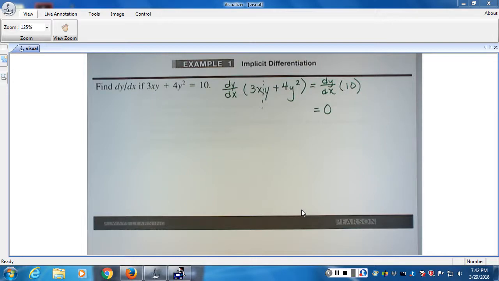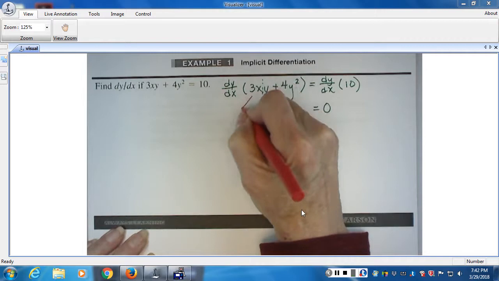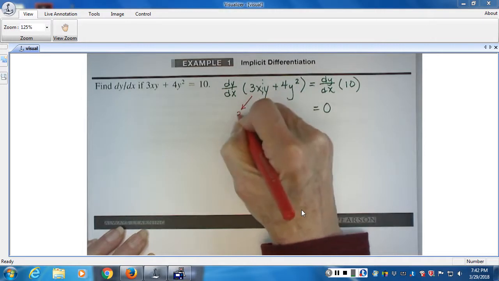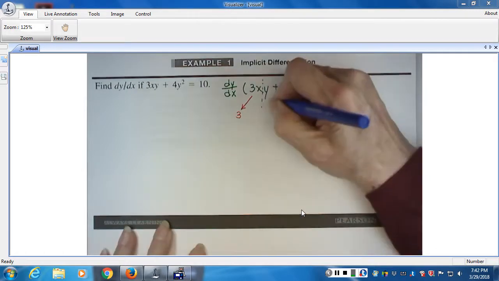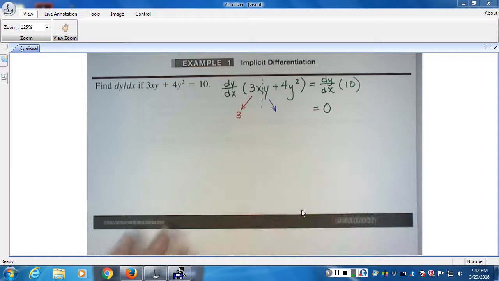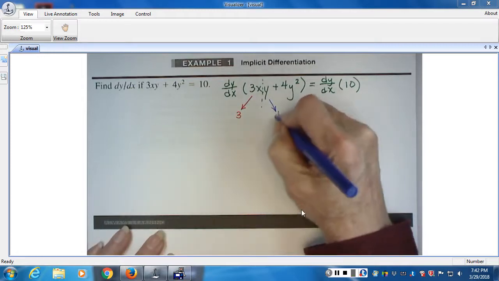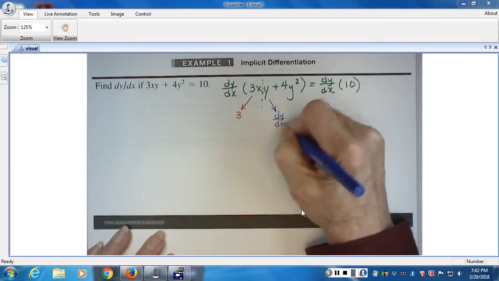So in order to take that first derivative, we're going to look at the derivative of 3x, which is 3. And the derivative of y is dy over dx.